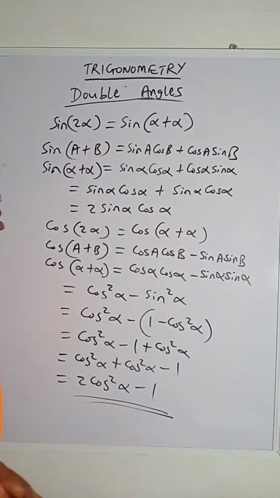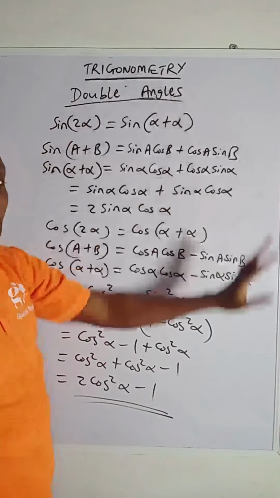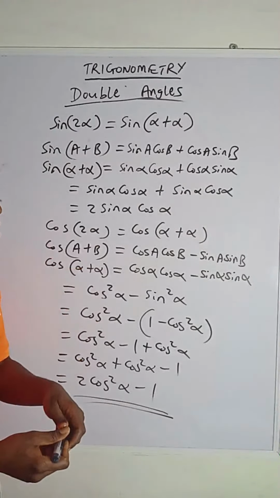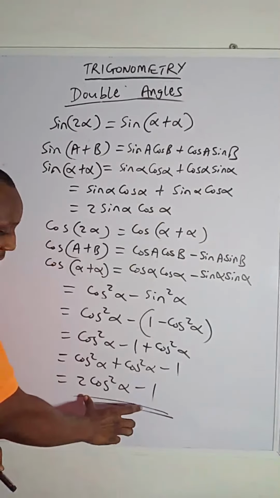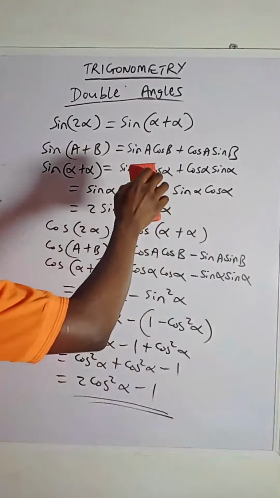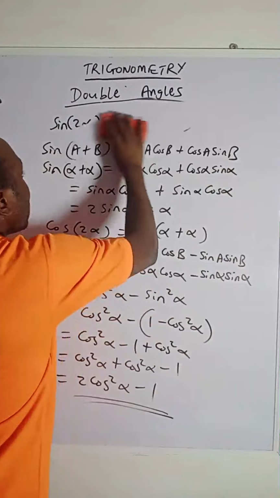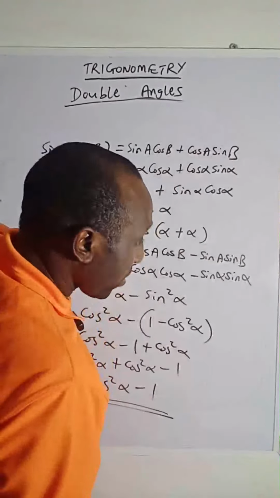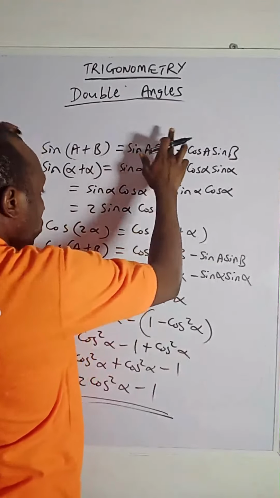So it's time to look at some examples that will require us to use double angles. Please do not forget this one and then this. Maybe we should write it at this corner in case we don't want to repeat all of this.